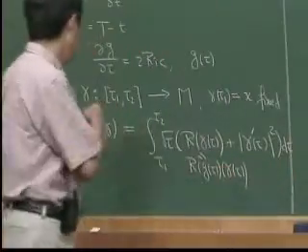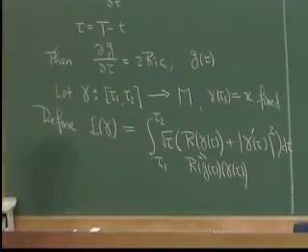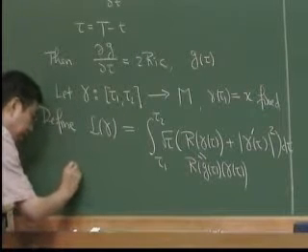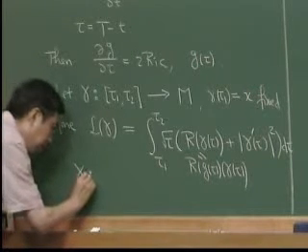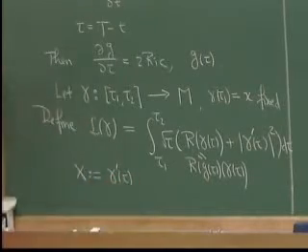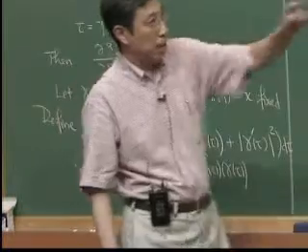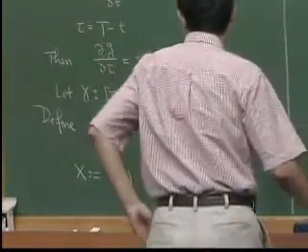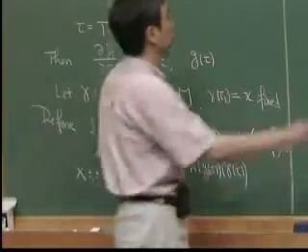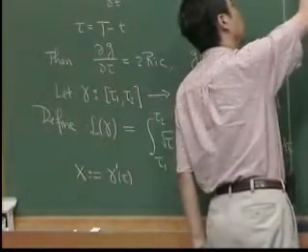Maybe we examine this a bit. For convenience, we set X to be gamma prime tau. Let's first take a look at an example.